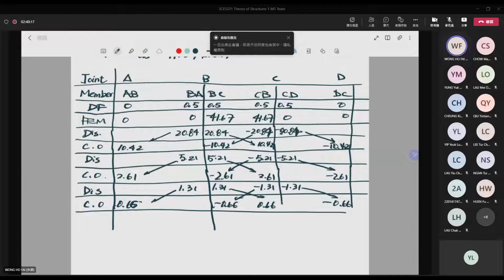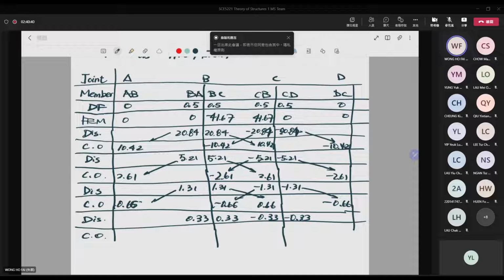Again, you will distribute to both sides. Again, you will carry over. You may ask, hey, Simon, when can I stop? Well, actually, you will do it until you have a good accuracy. Now we are almost there.